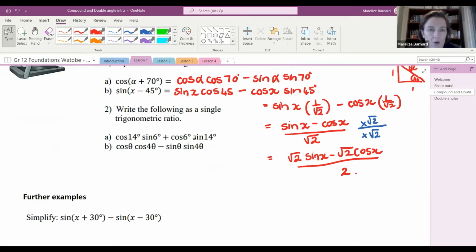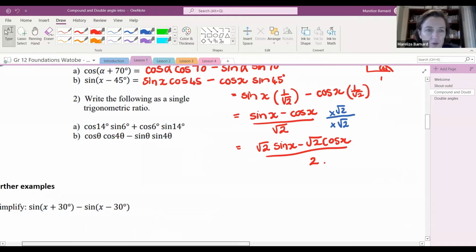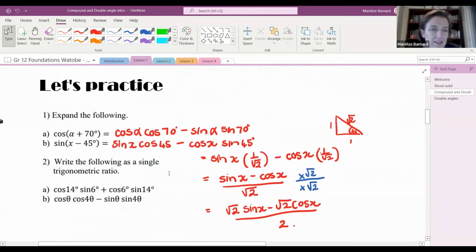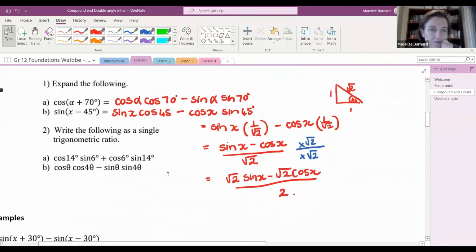Right, where are we? Okay, so I see some of you have gotten started on question 2. Well done. Write the following as a single trig ratio. So for this one, we've got cos 14 cos sine plus cos sine. There we go.